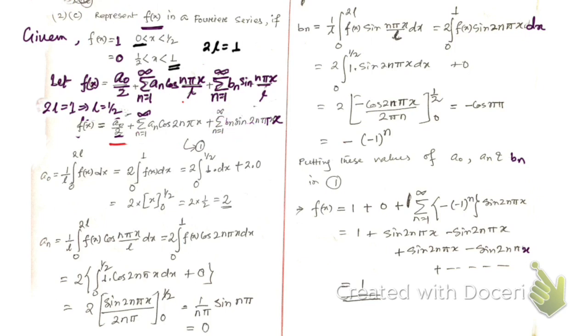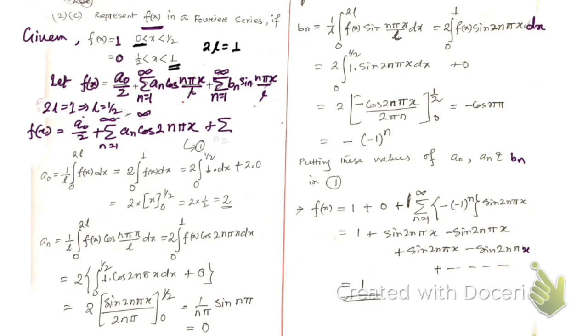So let me write this one properly. If you cannot see, just wait. So what we're gonna have is f of x equals a naught by 2 plus summation from n is equal to 1 to infinity of an cos, sorry, on putting l is equal to half, it's gonna be 2n pi x.